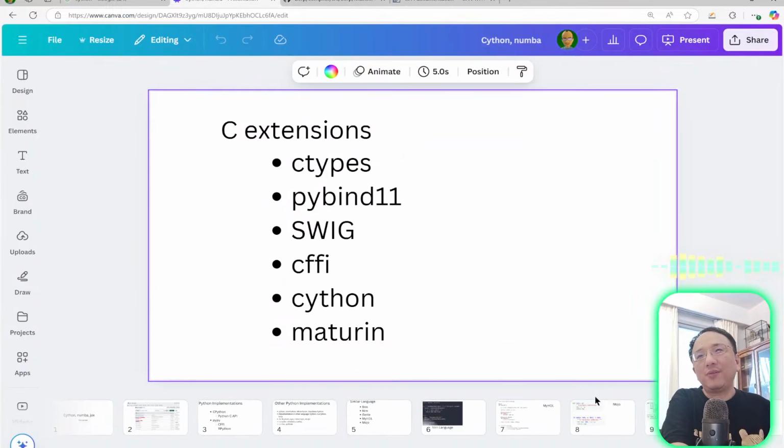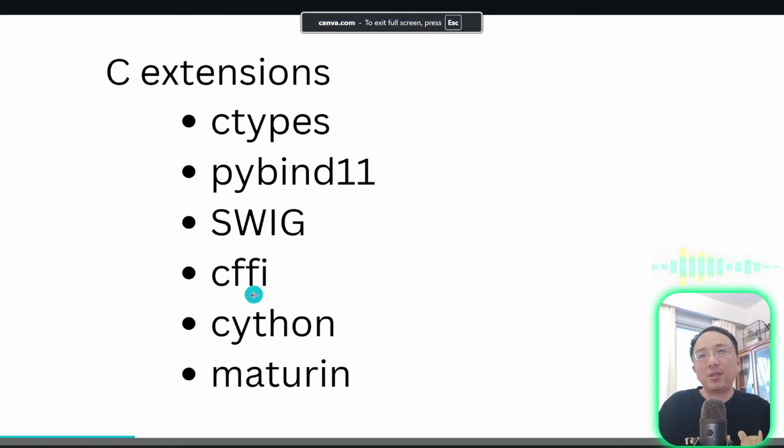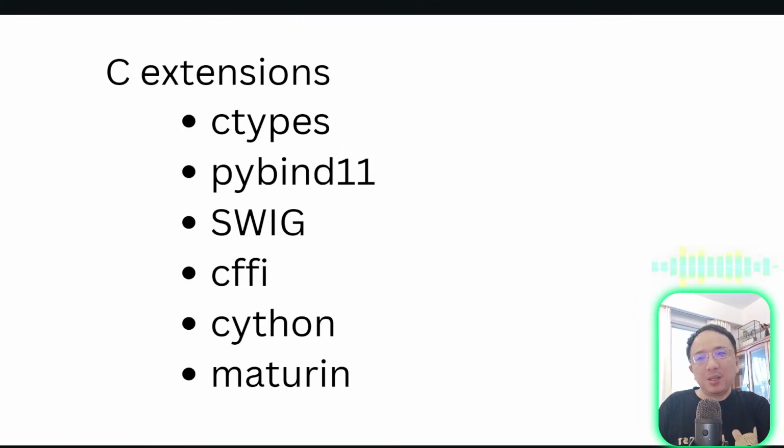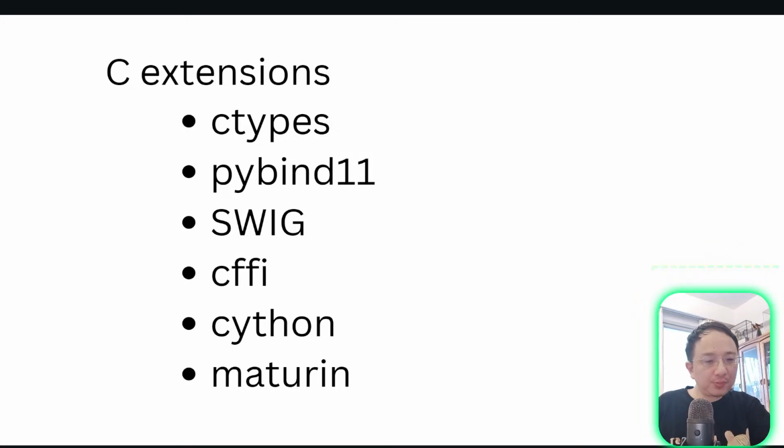It supports two APIs. The two most popular Python implementations are CPython and PyPy, but they have different APIs. CPython has the C API and PyPy has CFFI, but CFFI also supports writing extensions for CPython.